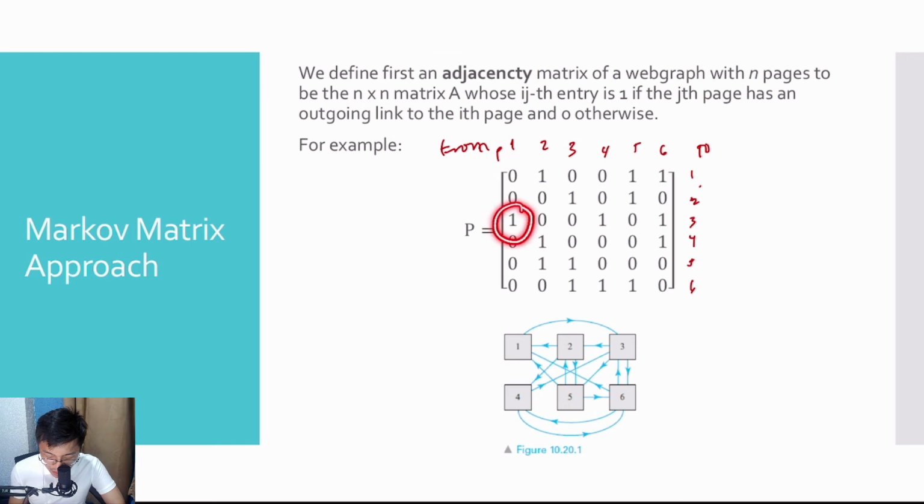But here, page 1 to page 3 is 1 because there is a link from 1 to page 3. So that's how you create the adjacency matrix. Another example, if you start at page 2, from page 2 to page 1, there is an outgoing link. So we denote it by the arrow here. So that's the adjacency matrix.